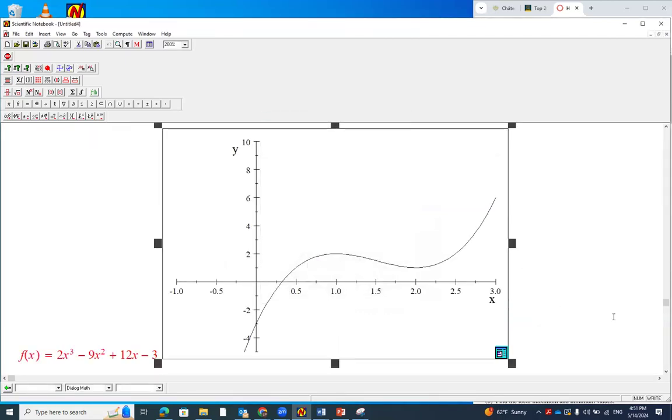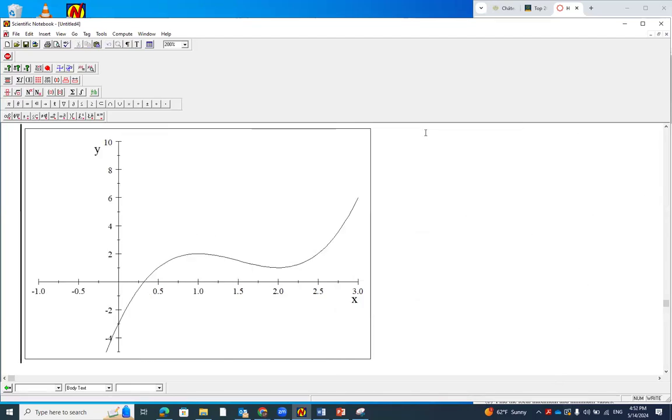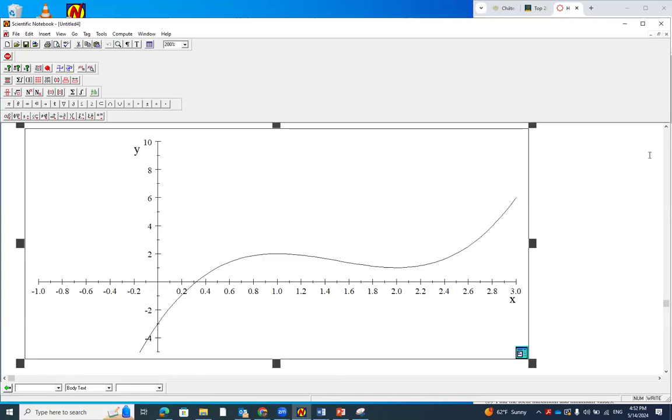Look at this curve. This is the curve of the function.